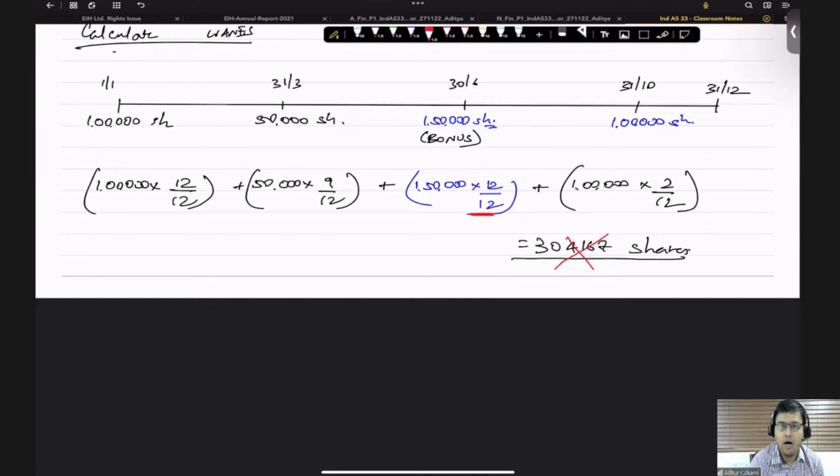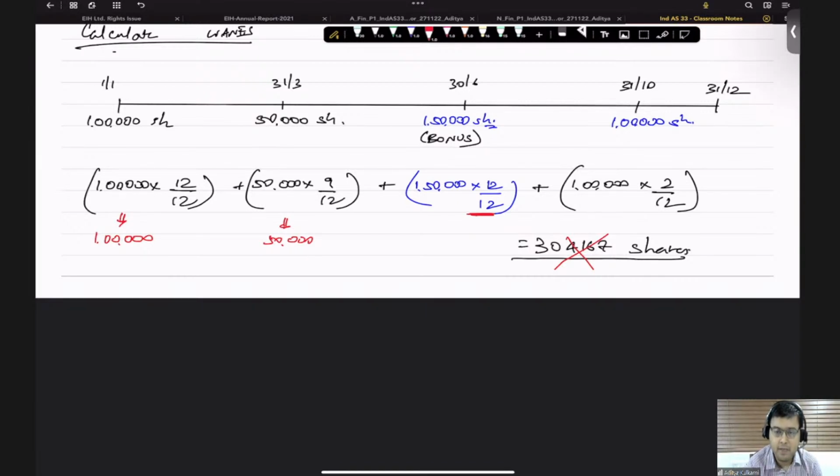But out of this 1,50,000, beta, the right for bonus arises for the entire year only on these 1 lakh shares. In respect of this 50,000, the right arises only on 31st March. So how can you take 1,50,000 for the entire 12 months period?